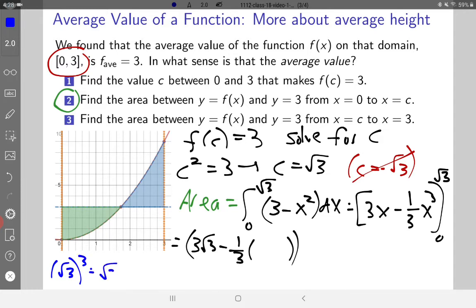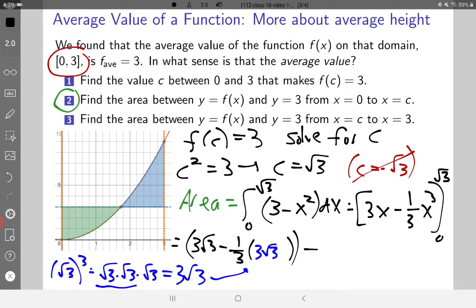That's root 3 times itself 3 times. Those first two factors alone multiply together to give exactly 3. So this entire product is 3 root 3's. And that's what I'm going to put in here. That's the root 3 cubed.